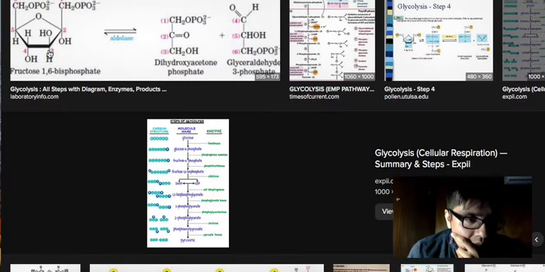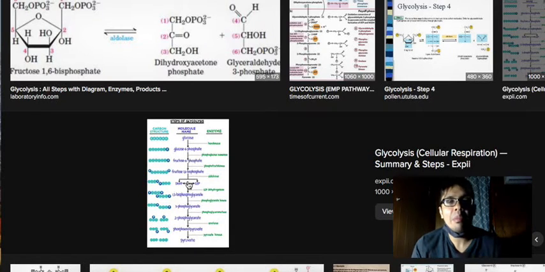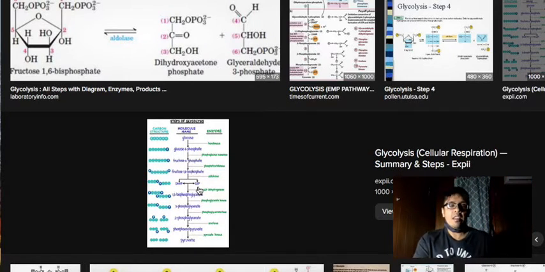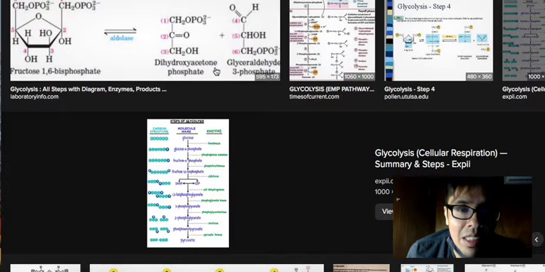But let's see why this happens. At the end of the day, we want 2 pyruvate molecules. As a reminder, what happens here is that the molecules are split up. The 6 carbons split into two different 3-carbon molecules. The difference is that one molecule is a ketone, dihydroxyacetone phosphate, and the other is an aldehyde phosphate.